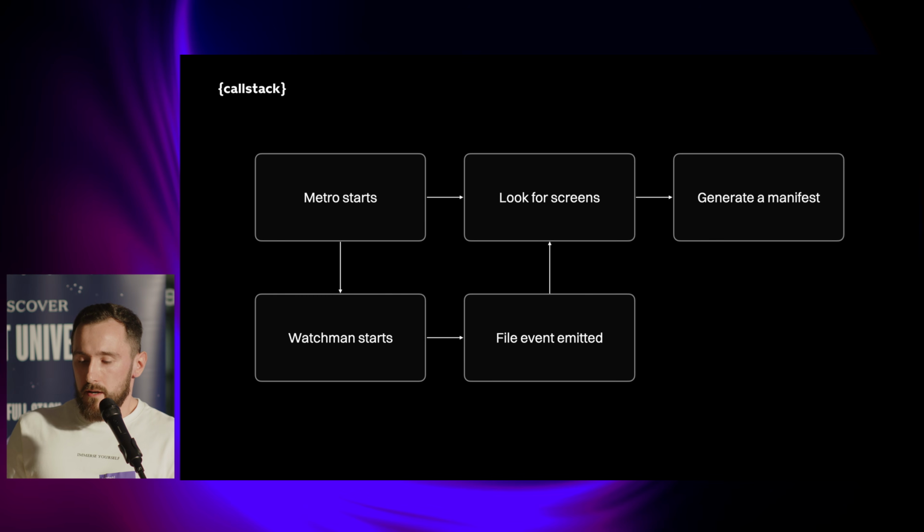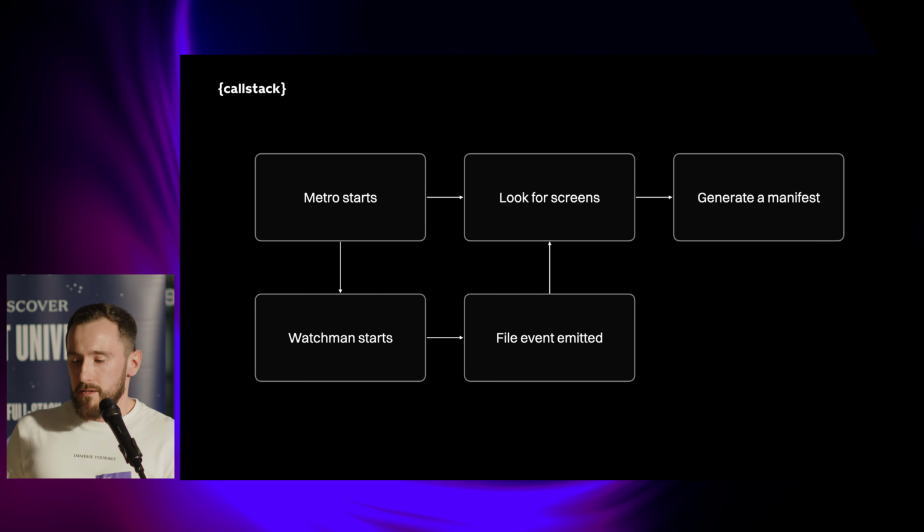You may have heard the name Watchman, which is a tool to listen for file-based events in your file system. So I used Watchman to observe my app directory and rerun the same script every time Watchman detected some change. And it worked, more or less.